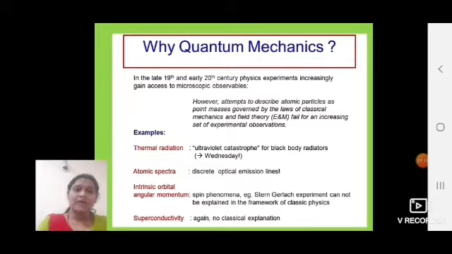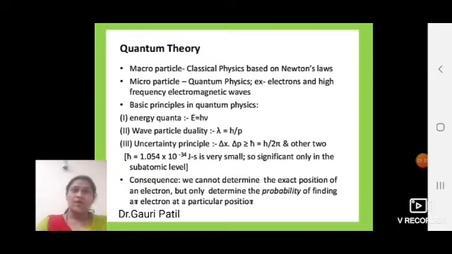To overcome all this, a new field of physics came into existence, which is called quantum physics. Quantum physics or quantum theory is based on various basic principles such as energy quanta, wave particle duality and the uncertainty principle.